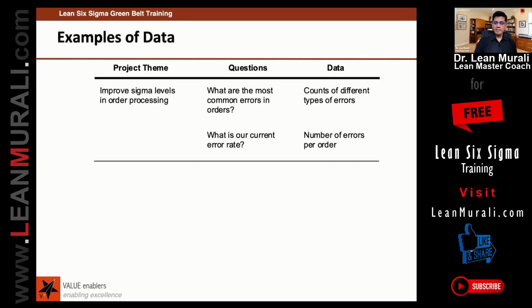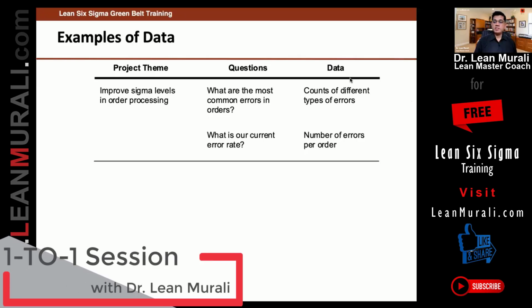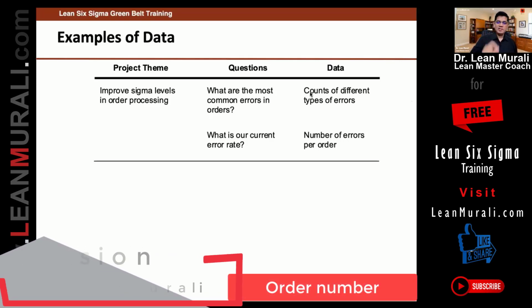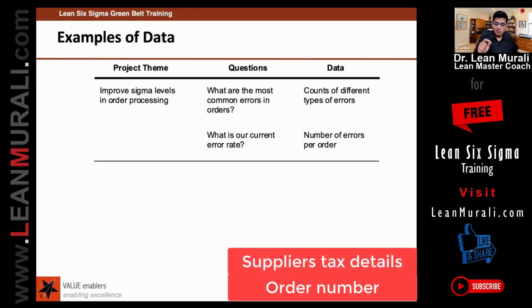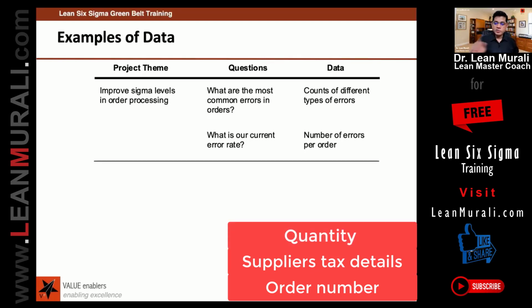So simple questions, right? And now if you observe the common types of errors, the counts of different types of errors. For example, purchase order number is wrong. That is, if you take 100 purchase orders, probably 4 purchase orders where the purchase order number is wrong. There are 2 orders where the supplier's tax details or GST details are wrong, or where the quantity entered is wrong, or probably the rates are the old rates.